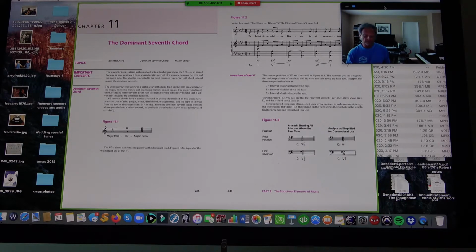But I think maybe a better way for me to describe it is just for you to hear it, and then also recognize the intervals that I'm actually playing. So on the keyboard here, I'm going to play a G7 chord, a G dominant 7 chord. G, B, and then D, and then the F.